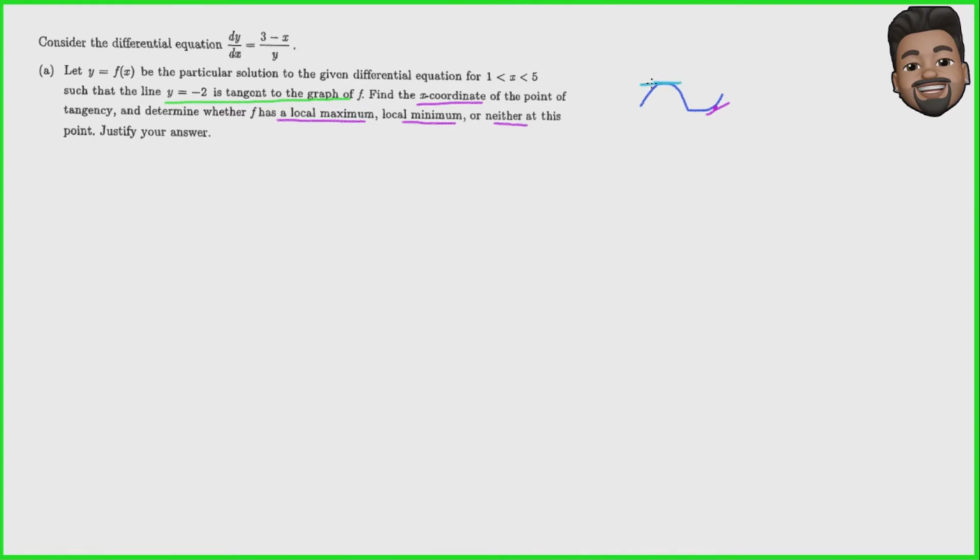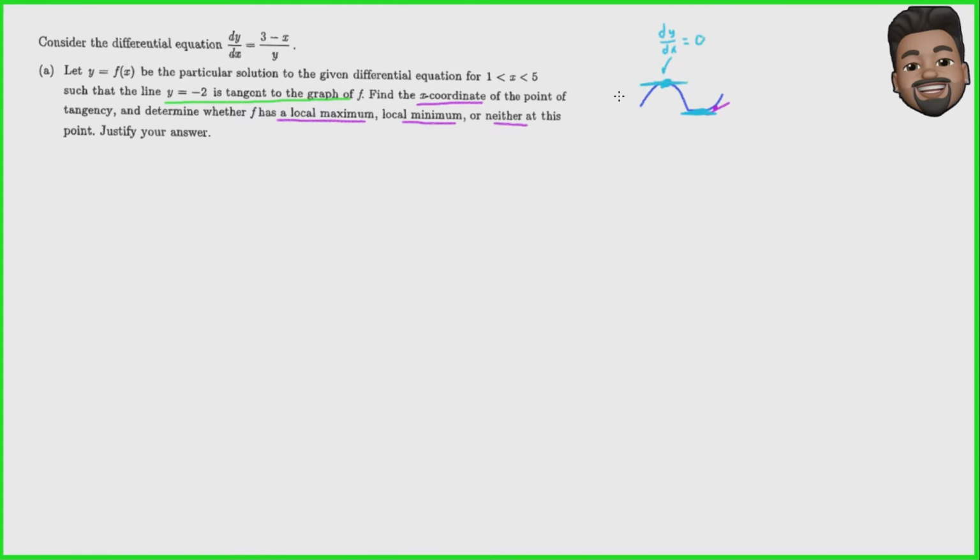We need to find out whether our tangent is a local min or max, maybe this right here or this right here. So now we can assume, according to this problem, that y equals -2 is a horizontal tangent. Because it's a horizontal tangent, that means the derivative slope, dy/dx, should equal 0. And then we have to figure out whether it's a local min or a local max.